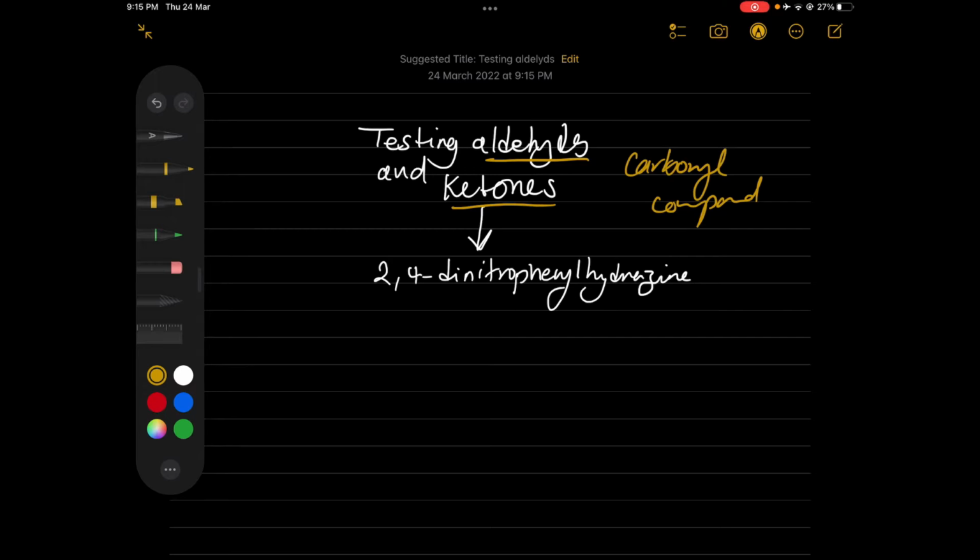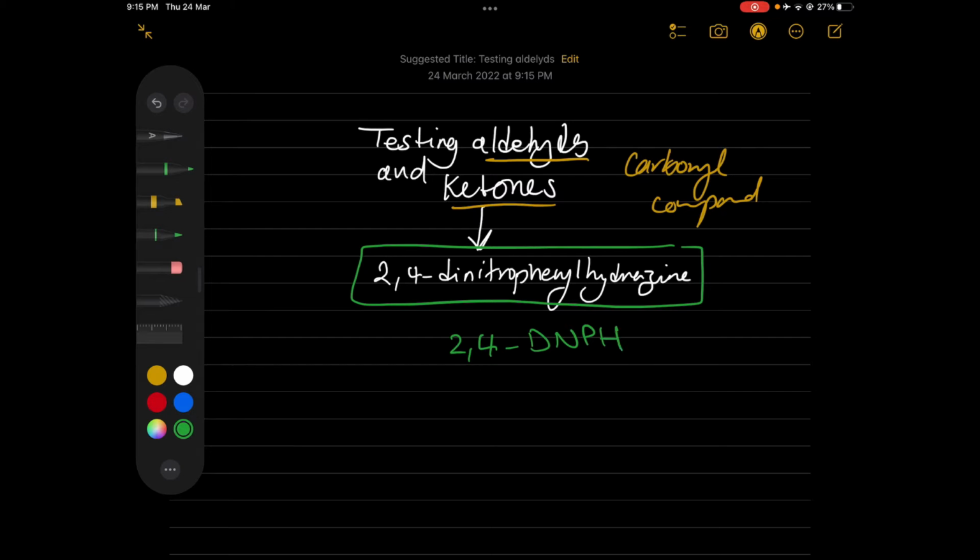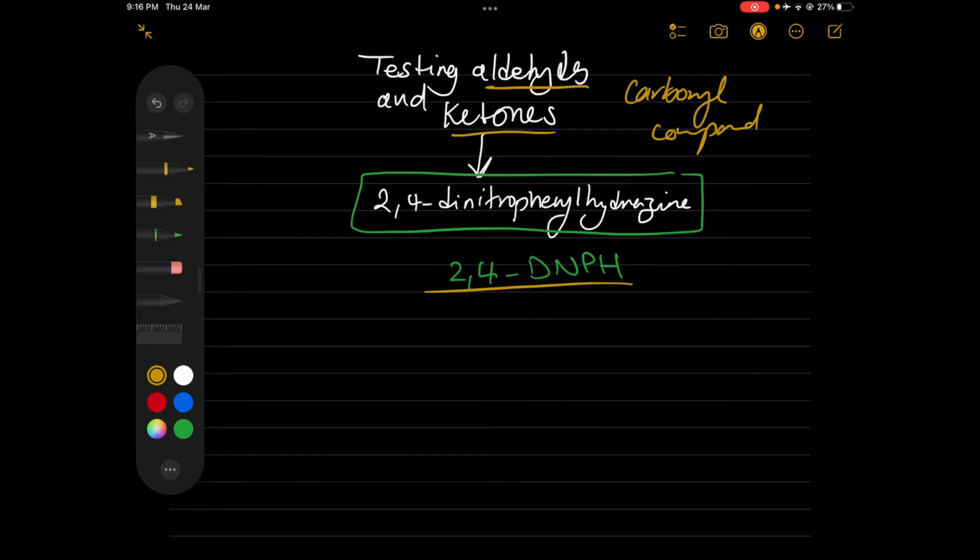The material that we're going to use is called 2,4-dinitrophenylhydrazine. Let's start with 2,4-dinitrophenylhydrazine as a structure.